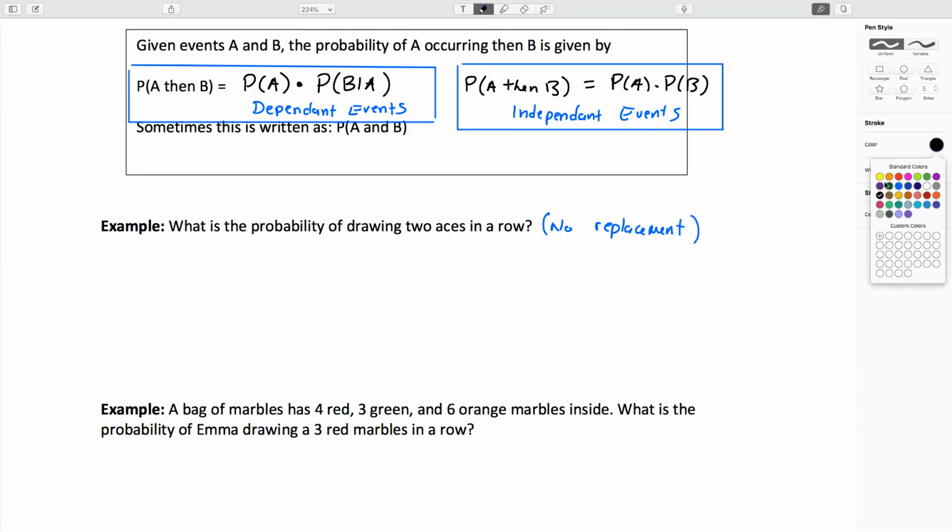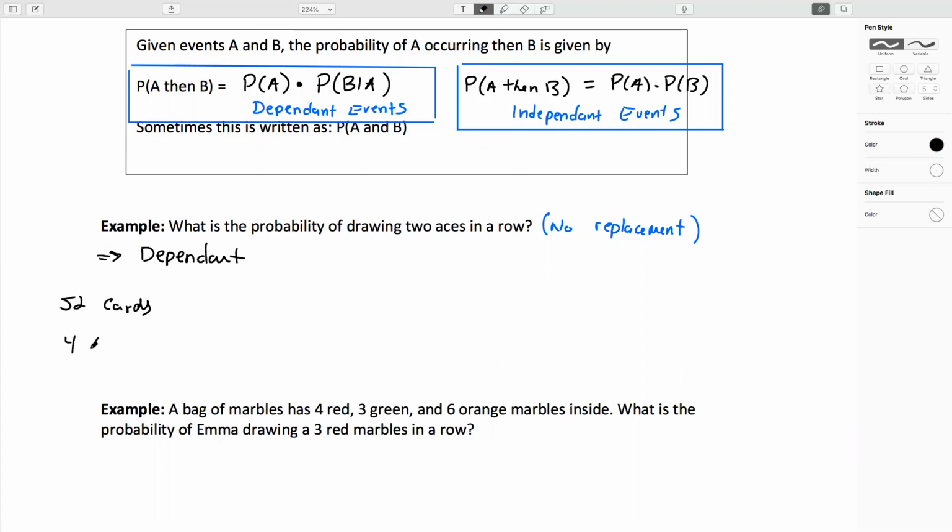Okay. So in this case, because we're not replacing the cards, these are dependent events. We can kind of write out what we know. So we know there's 52 cards. There's 4 aces initially. So the probability of ace and ace is given by probability of ace times the probability of ace given ace.